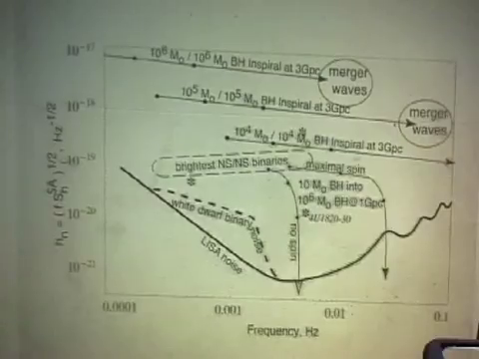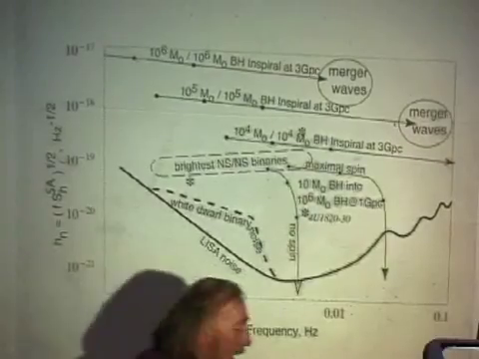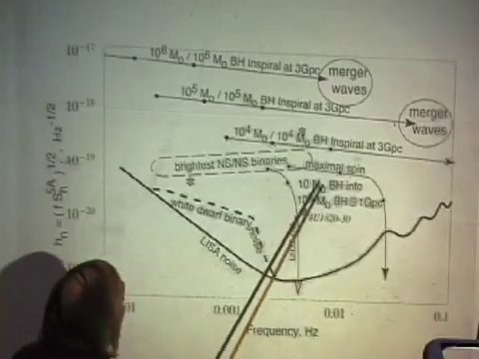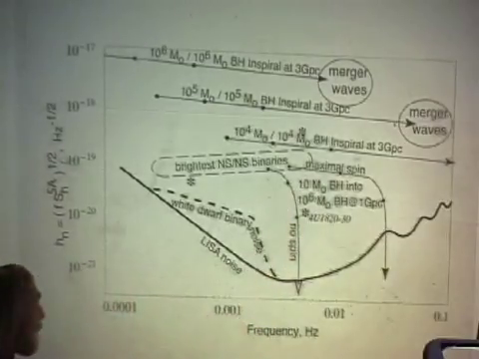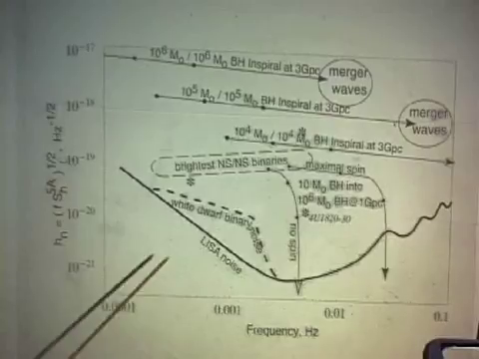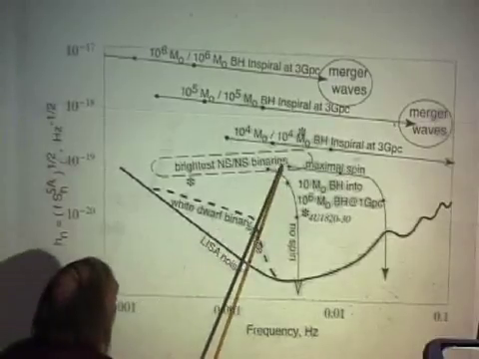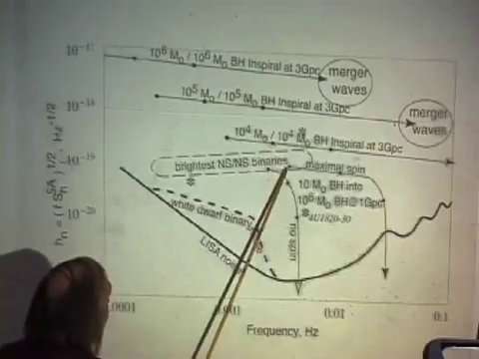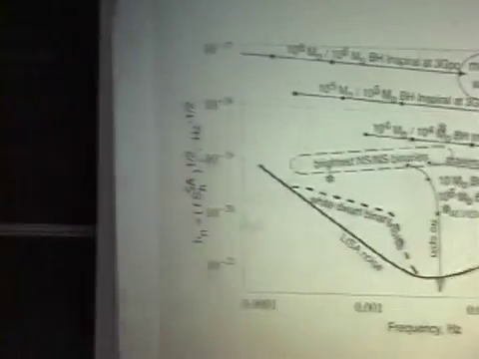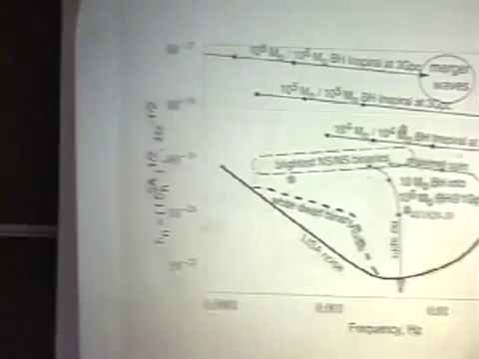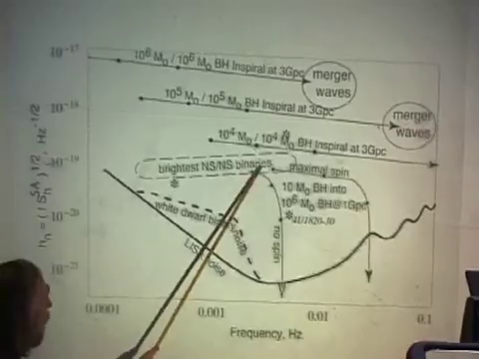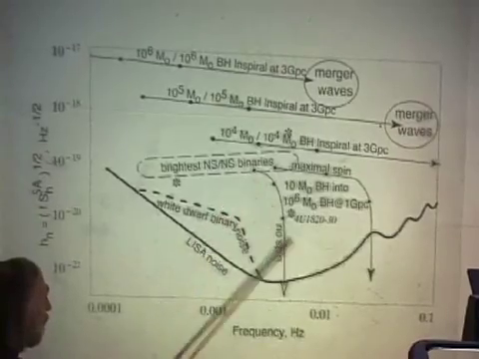That's a set of numbers where my big black hole is 10 to the 6 solar masses, and I have a 10 solar mass black hole spiraling in. And I'm showing you two examples. One is where the big black hole is spinning rapidly, so it's described by a Kerr metric, a Kerr solution to the Einstein equations. The other is where the big black hole is not spinning at all.